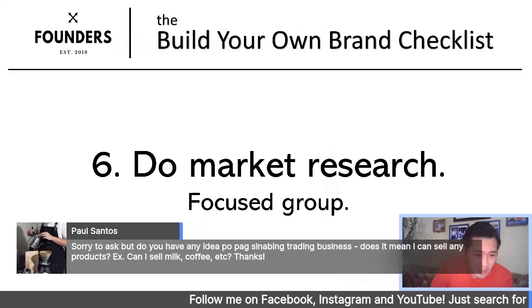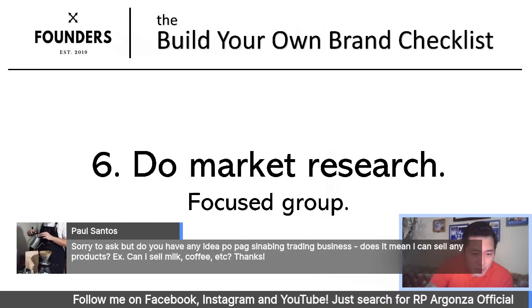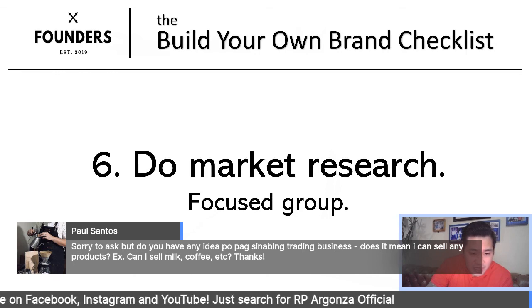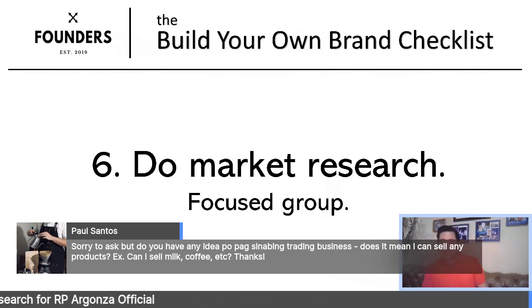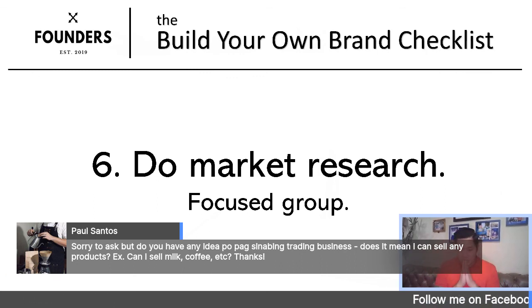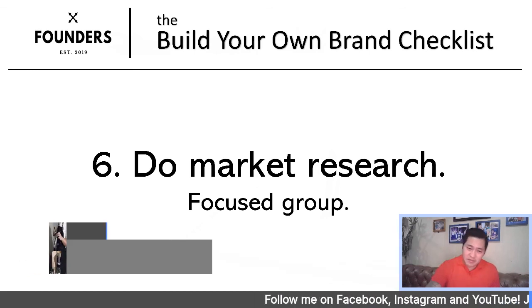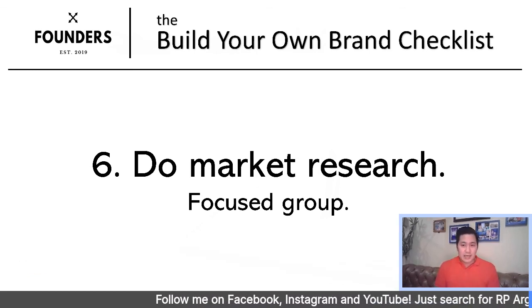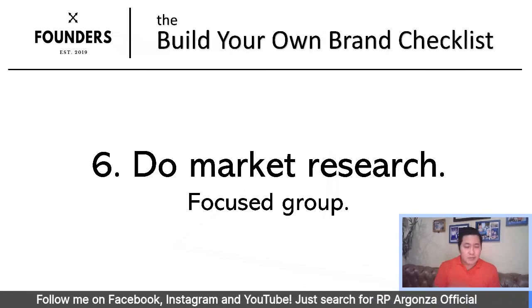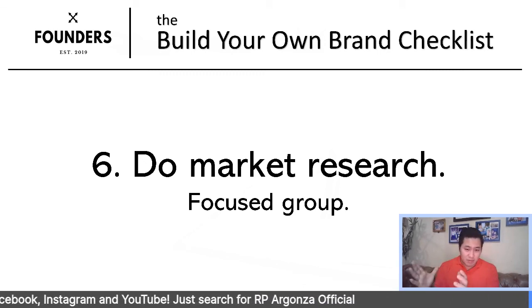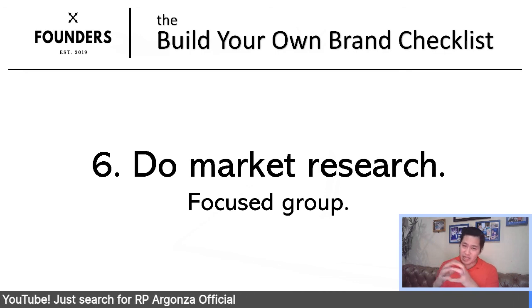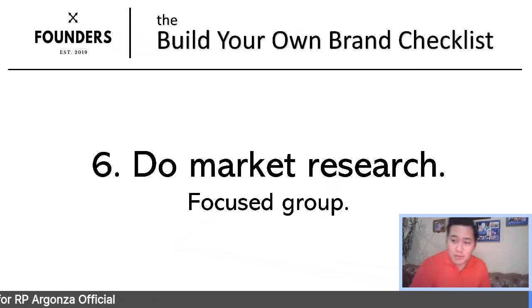Sir Paul Santos, sorry to ask, do you have any idea po, pag sinabing trading business, does it mean I can sell any products? Example, can I sell milk, coffee, etc.? Hindi po. So when sinabi nating trading business, it gets specified pa rin kung nasa saang industry ka. Let's say for example, if you are selling food, like a cafe, you can sell those things together kasi technically isang area lang naman po sila.